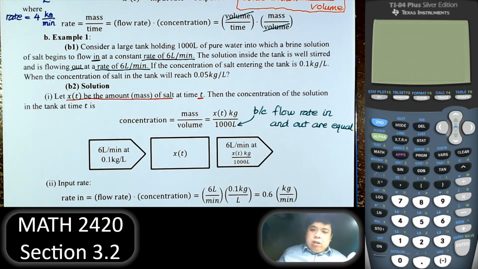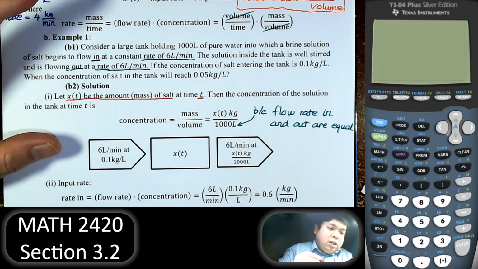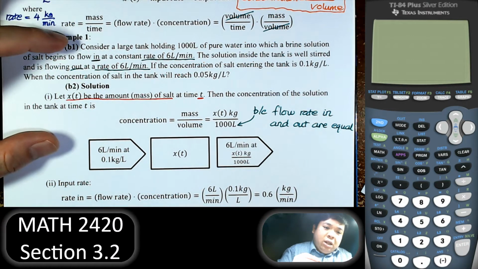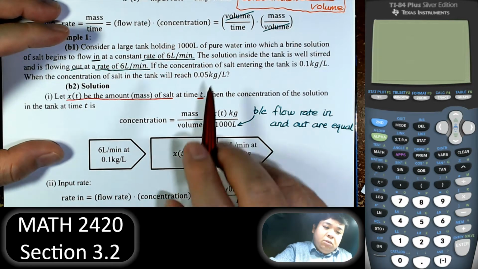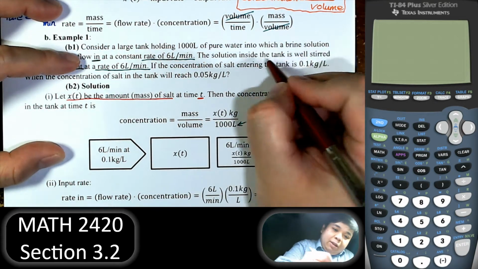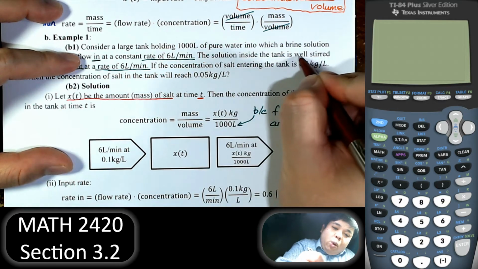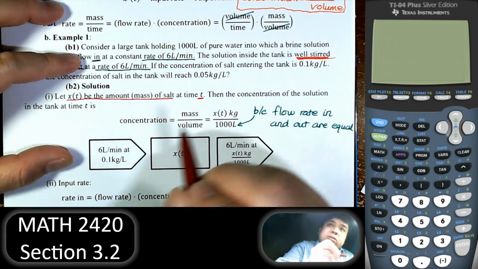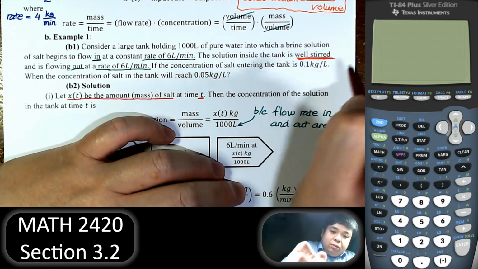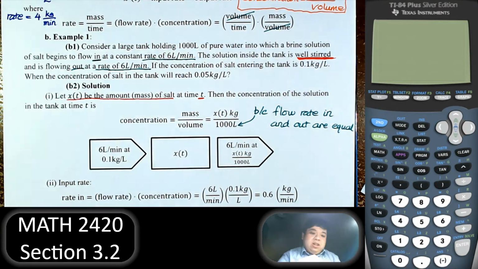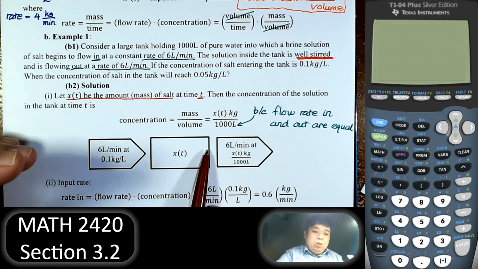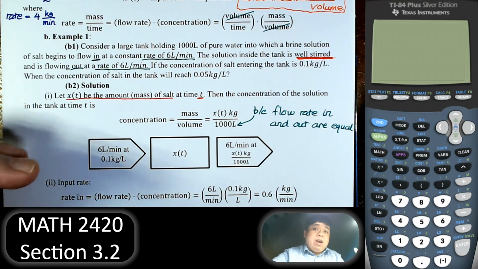Now, one thing that is underrated in the problem is that we have to assume that the solution is well stirred, meaning that the concentration will be equal throughout the tank, and that's very important.